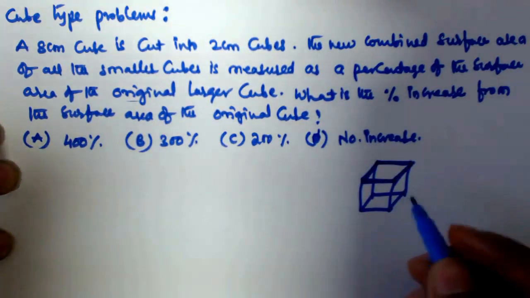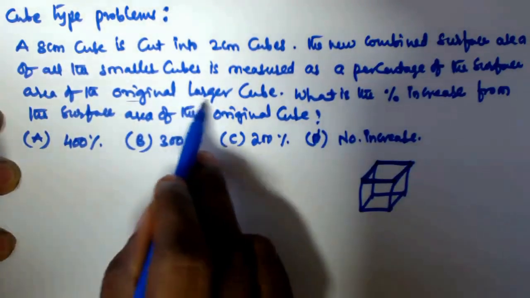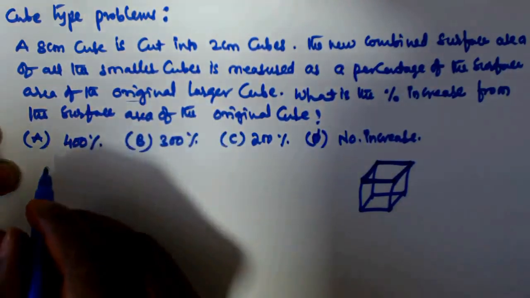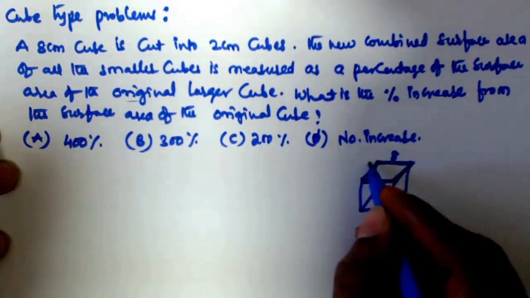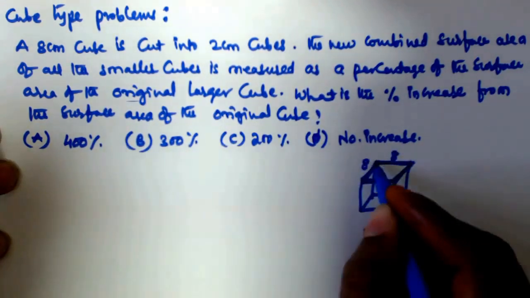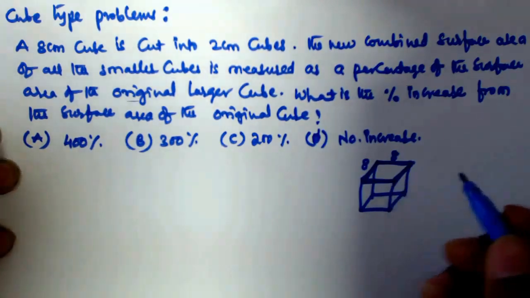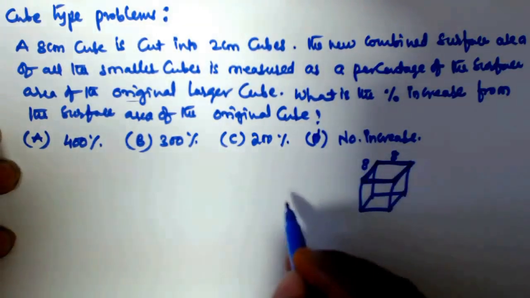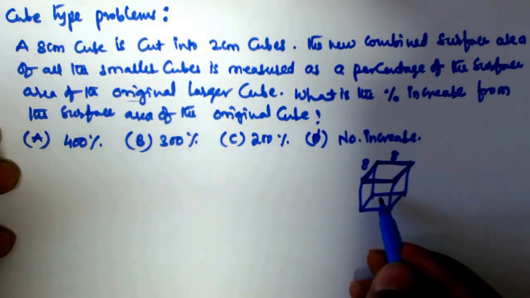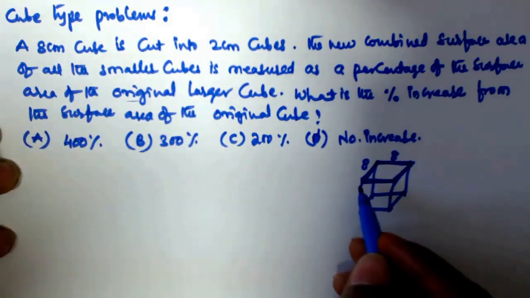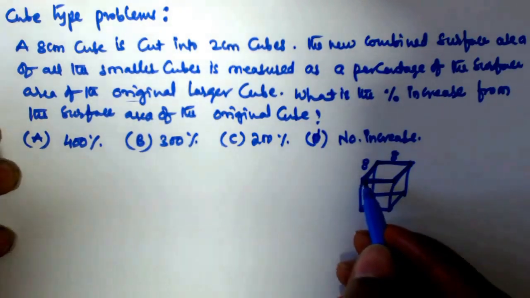Then we will get the surface area of the original larger cube. Here the length is 8 and the breadth is 8. So what is the area of one face? It is going to be 8 into 8, which is 64, but there are 6 surfaces, that's why I multiply with 6.